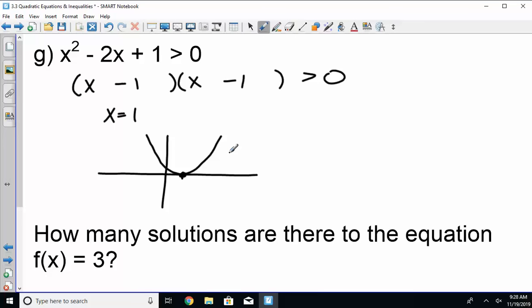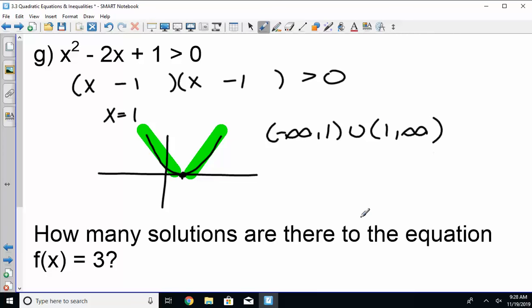But I only want the part where it's greater than 0. It's greater than 0 here and here, but what happens at 1? Because it didn't have the equal to, I can't include the point where it does equal 0. So that's my only answer.